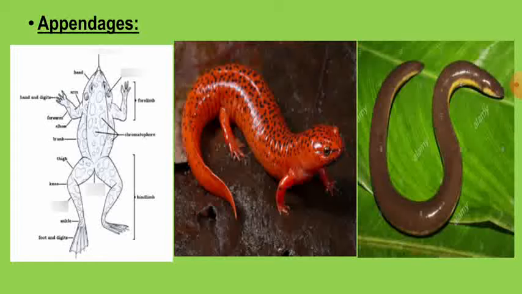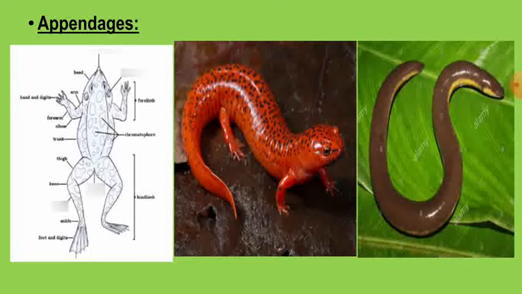In this image you can see the frog. The forelimbs have only 4 digits and the hind limbs have 5 digits, that is pentadactyl limbs, with two pairs present.